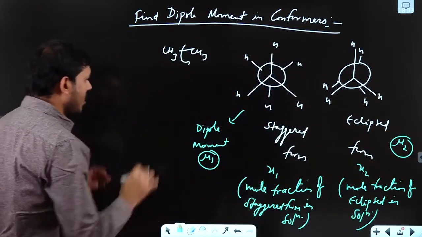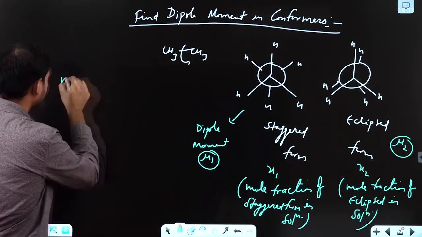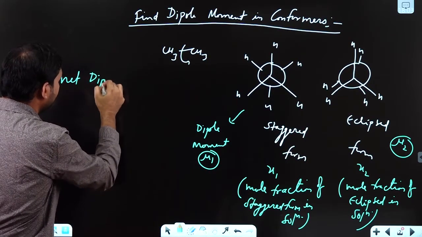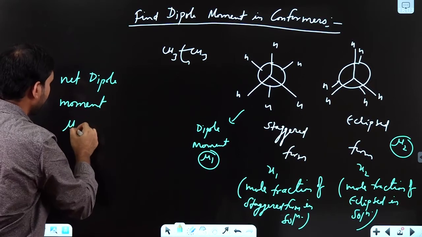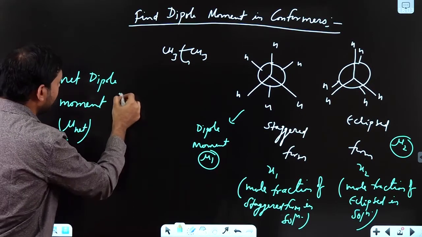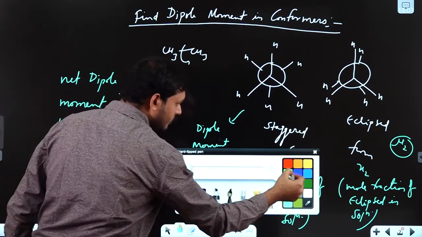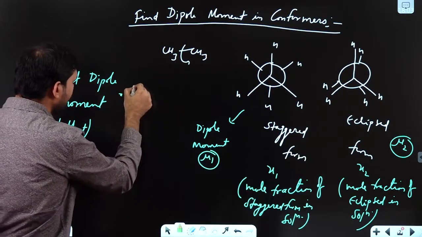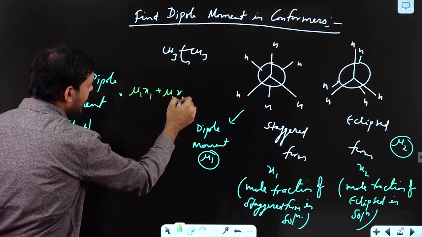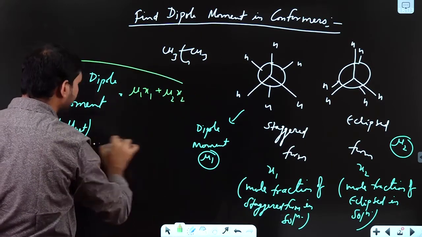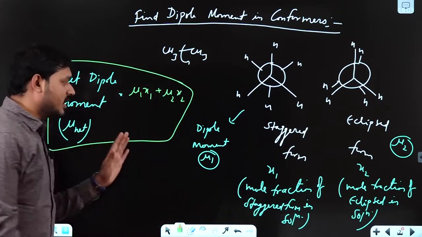So according to the calculation, the net dipole moment mu net is given by the formula mu1 x1 plus mu2 x2. Okay, so note down this formula.